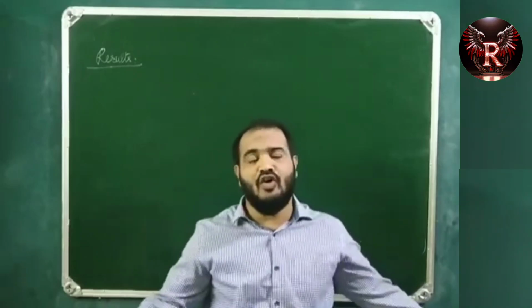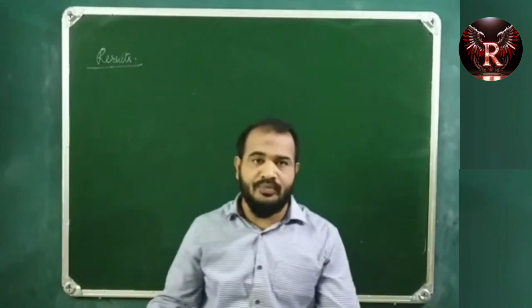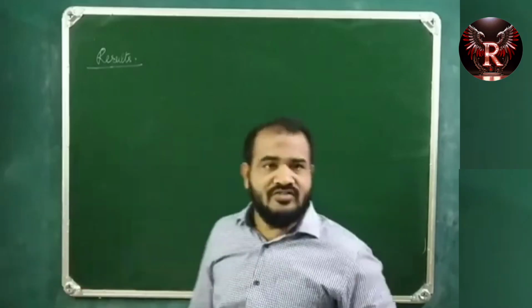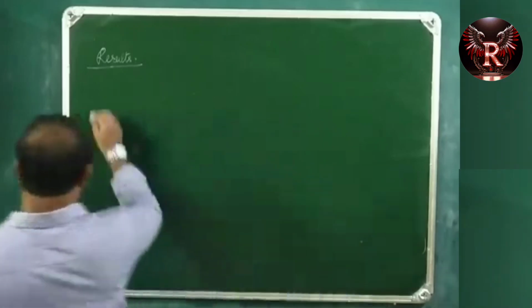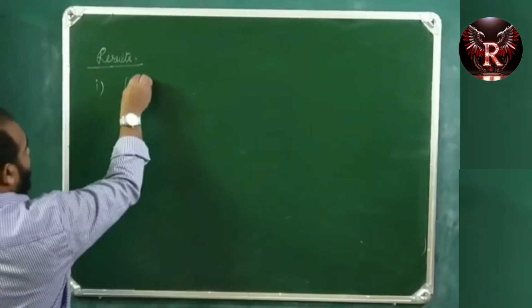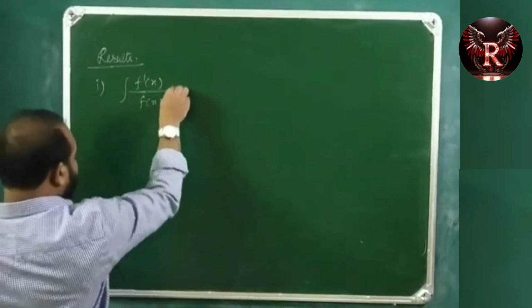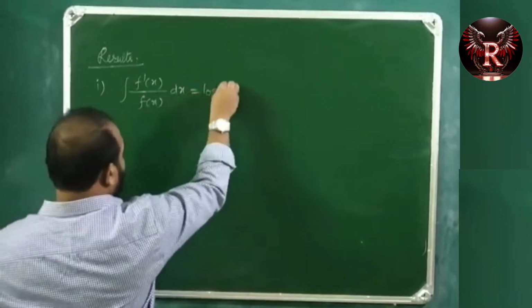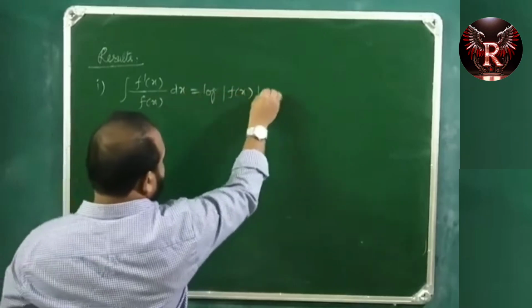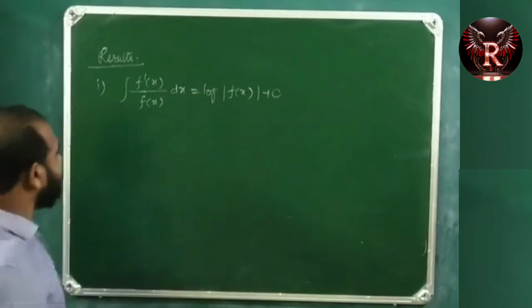So we can avoid all these steps if you remember these results directly. The first one: integral f'(x) by f(x) dx is log modulus of f(x) plus constant of integration c.